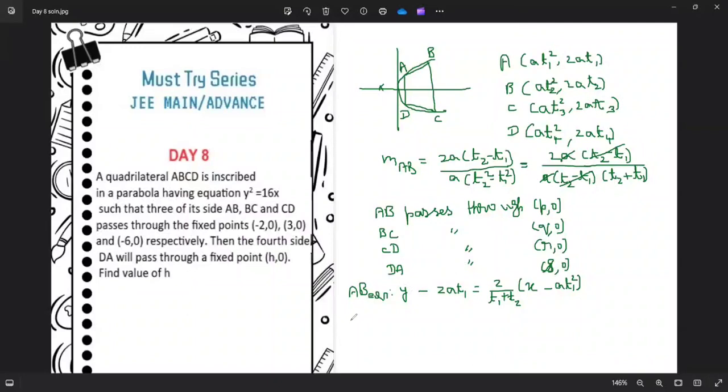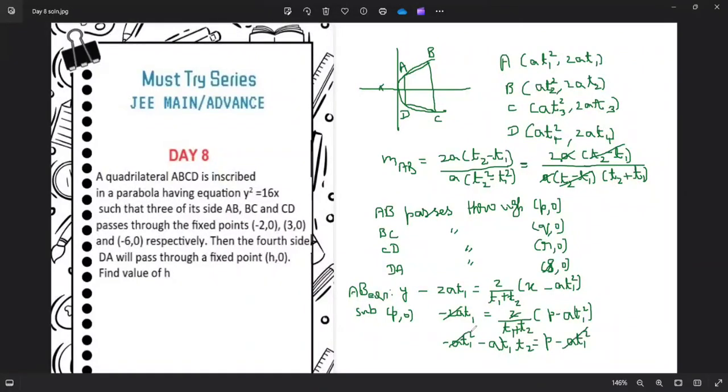If I substitute (p, 0), I get minus 2at1 equals 2 divided by (t1 plus t2) times (p minus at1 squared). The 2 gets cancelled off, and cross multiplying I have minus at1 squared minus at1t2 equals p minus at1 squared.